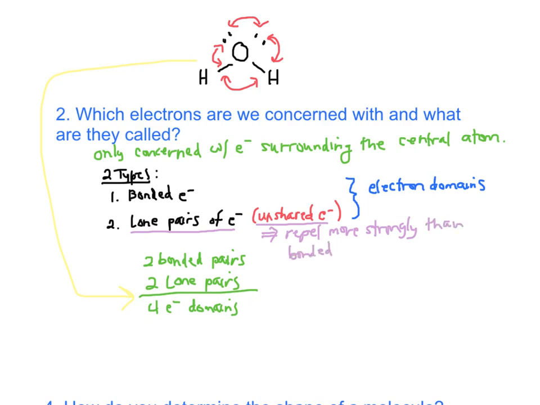And the reason for that is that these lone pairs up here, I'm going to circle them, they're not trapped between two atoms. They're kind of free to roam, or a little anyway. And so they just push a little bit more on these bonded pairs than these two bonded pairs would push on each other.